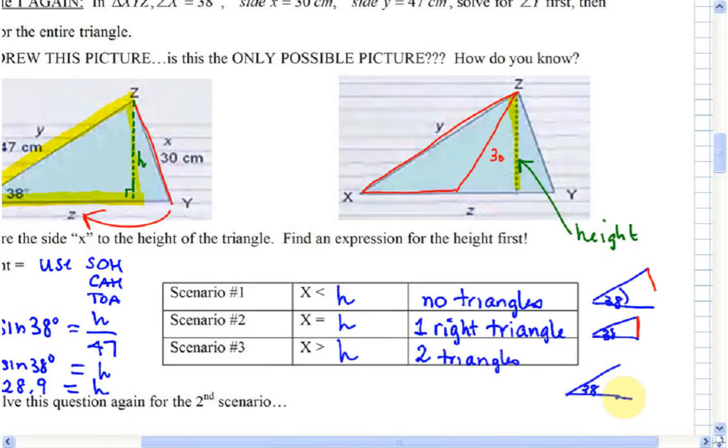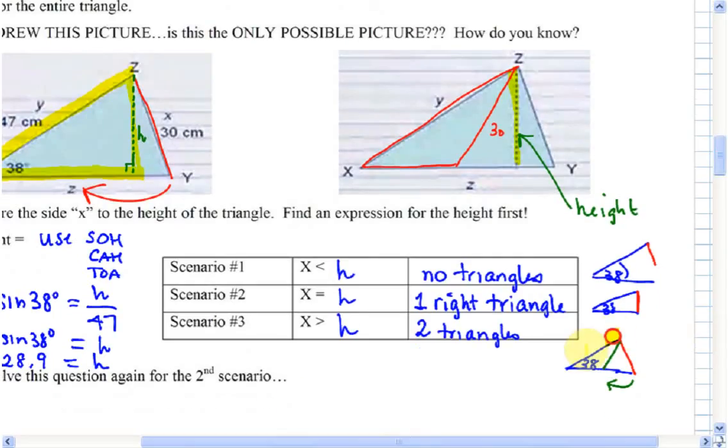You have one that's like this, and I'm going to also draw another one where you can swing this over and it becomes like this. Can you see how there are 2 triangles involved? There's the outer triangle, that's the acute triangle, and then you have this inner one, which I'll try to highlight in green over here. 2 triangles.